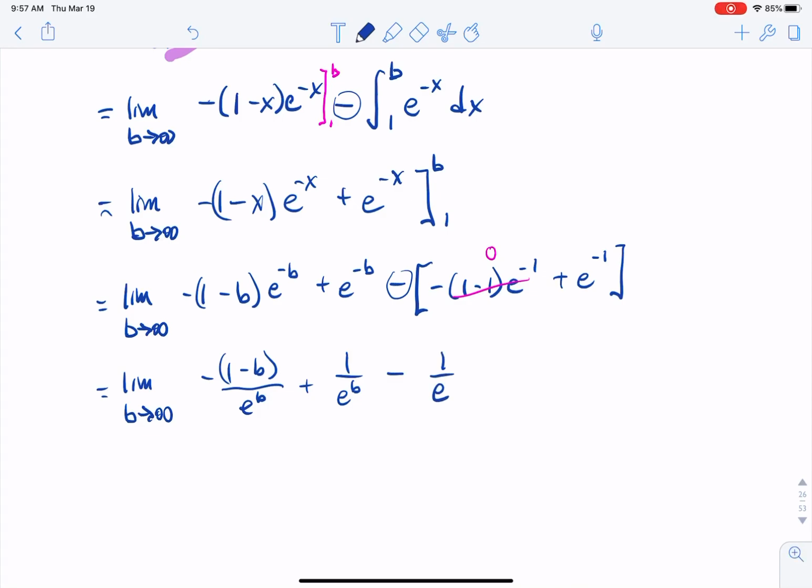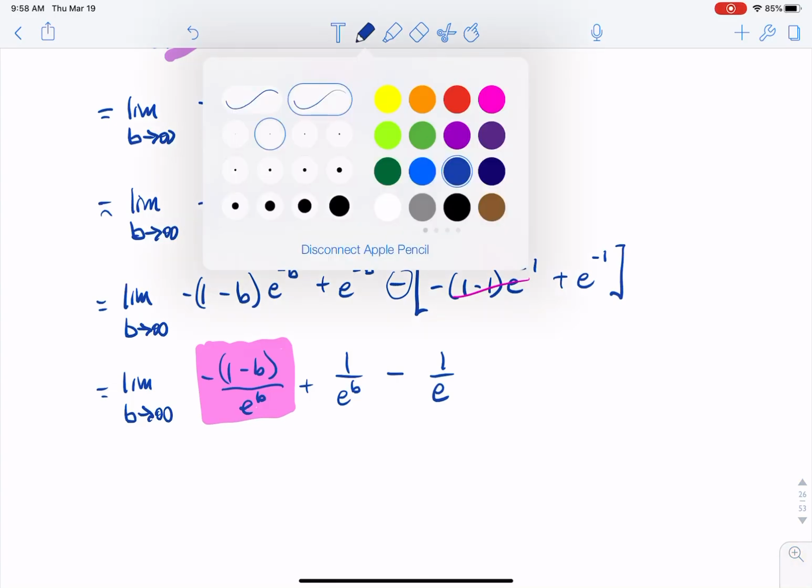All right, now it's time to take the limit. For this first part, I would have infinity over infinity, because the b up top is going to go to infinity, and the e to the b on the bottom is going to go to infinity. However, you could use L'Hopital's rule on that.